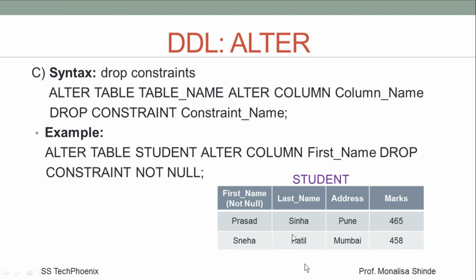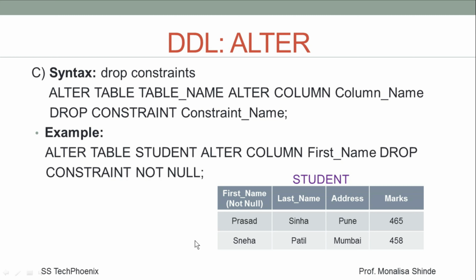See, if this is the table, and the first name has a not null constraint and we want to remove it, we want to drop it, then we simply write alter table, student as the table name we have specified, then alter column, column name first name, where we want to drop the constraint, then write the words drop constraint and specify the constraint name. We have specified the not null constraint name.